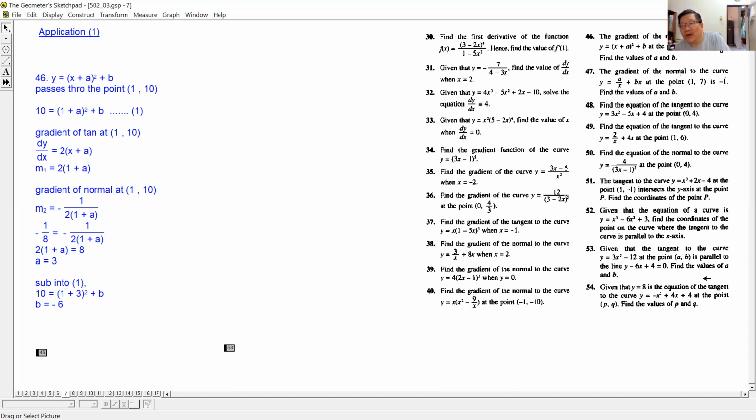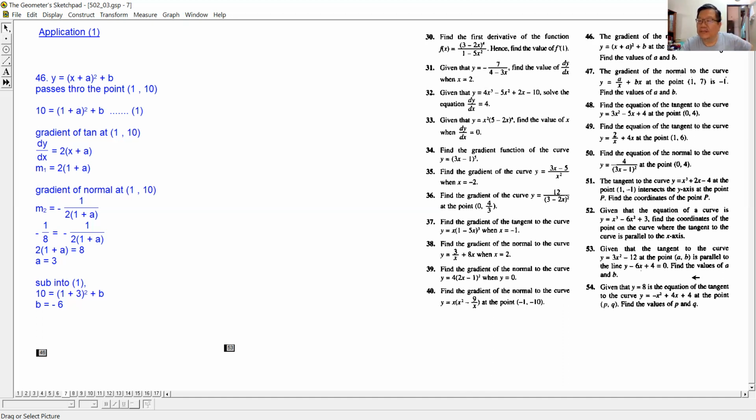The unknown is the point, right? And you have to find the values of A and B. You are going to relate it this way also. The point you substitute inside the equation of the curve, find the gradient of tangent, equate it with the gradient of tangent, something like that.